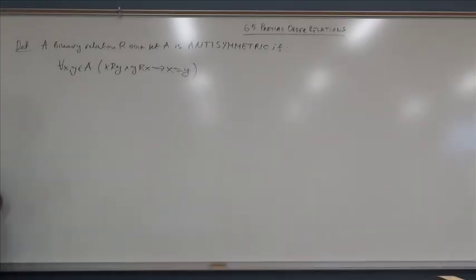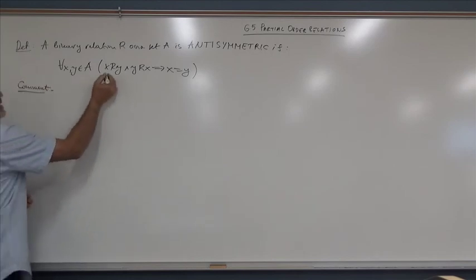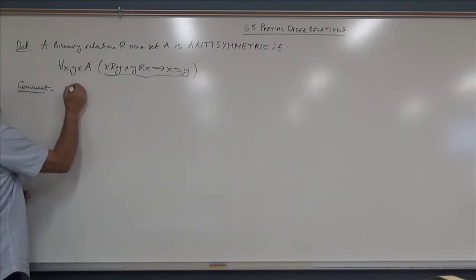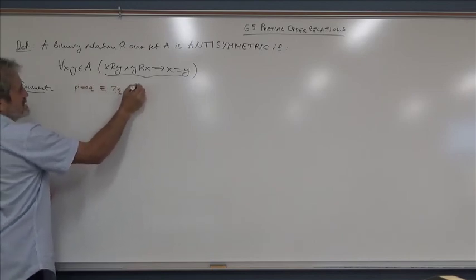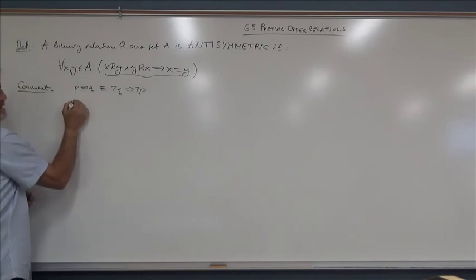This is a nice elegant definition of this property, but probably it is better, maybe even more intuitive, if we play a little logic on it. So, comment. If we do contraposition of this, instead of P implies Q, we do not Q implies not P, then we get the following.